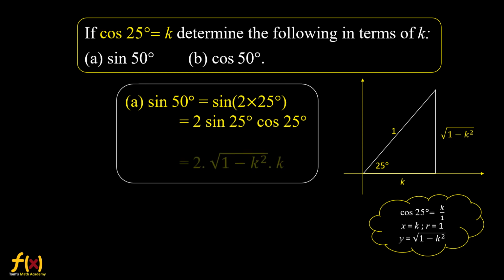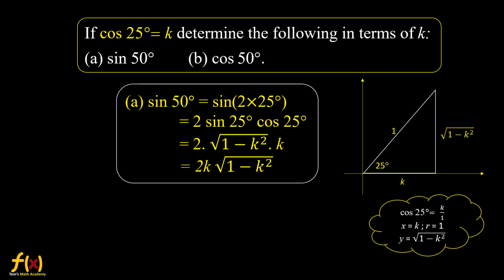Now we write the values from our diagram. What is sine 25? Root of 1 minus k square over 1. What is cos 25? Cos 25 is k. So simplifying to 2k times root of 1 minus k square.